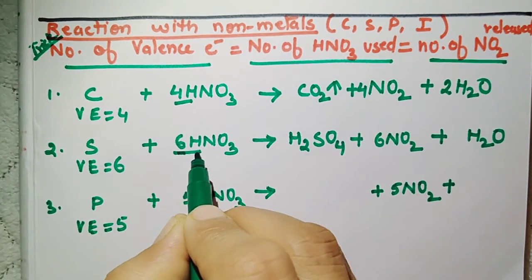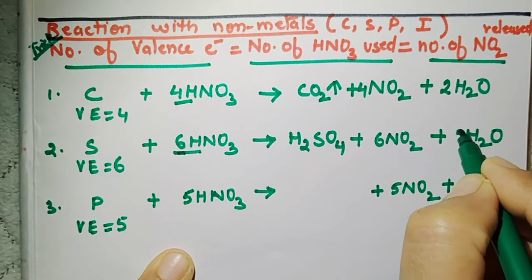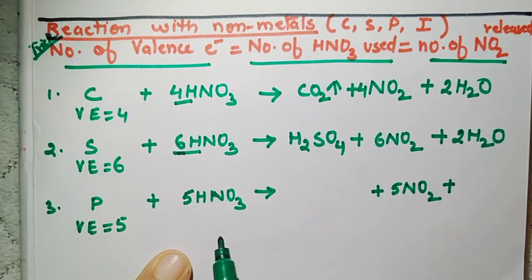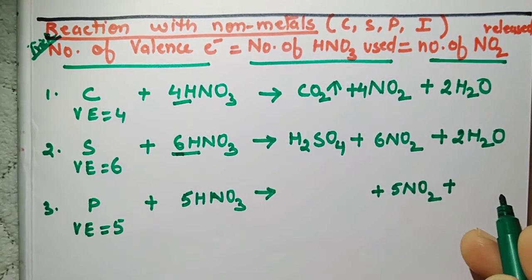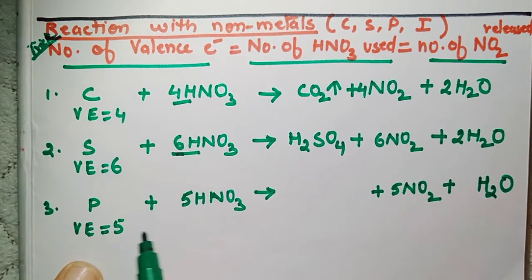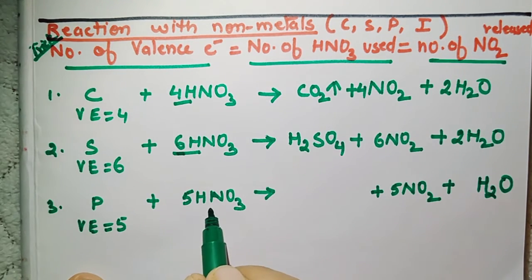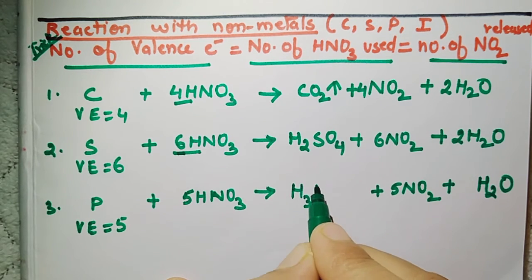Here is 6 H, so 2 water molecules we will be taking here. Here we are having 5 HNO3, 5 NO2 we have released here. When phosphorus reacts with nitric acid, it gives you H3PO4.